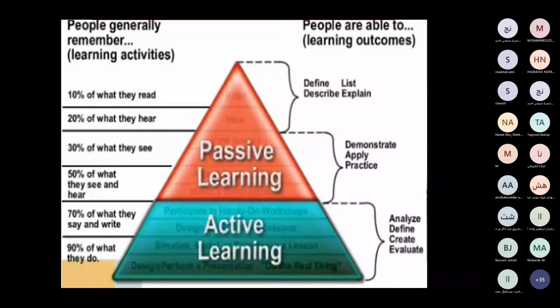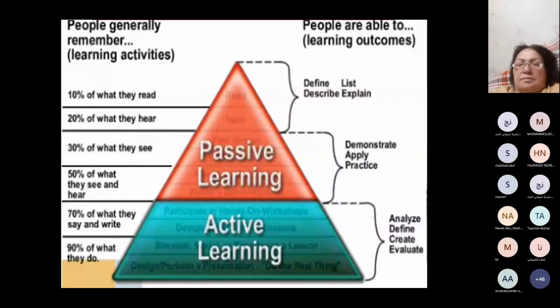Define, list, describe, explain, etc. Demonstrate, apply, practice. In active learning, they start analyzing, defining, creating, and evaluating. And in active learning, the students learn 70% of what they say and write, and 90% of what they do.